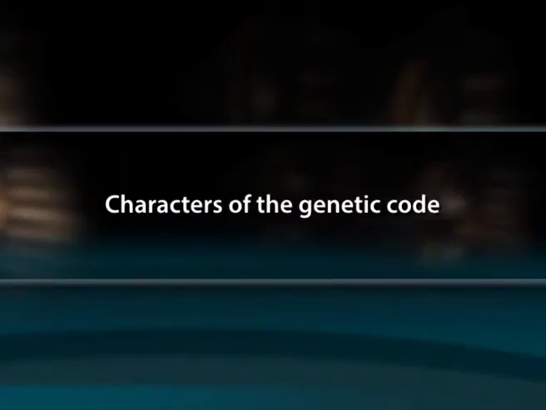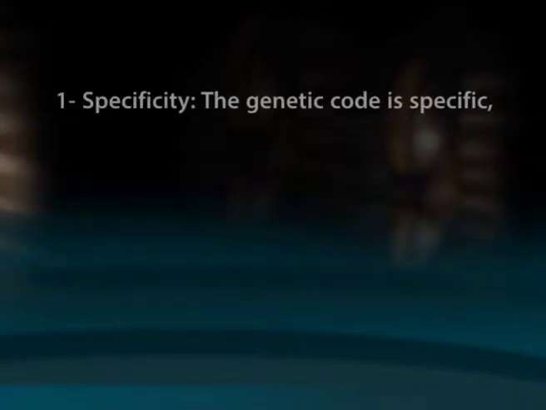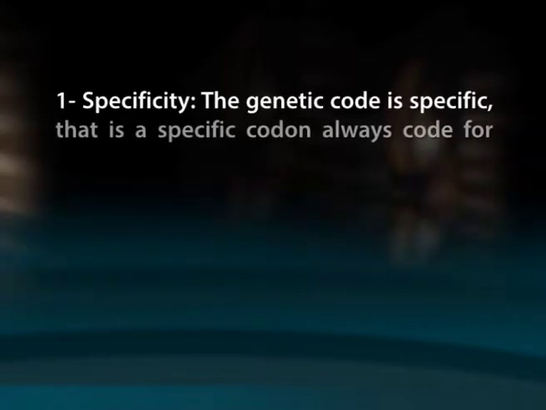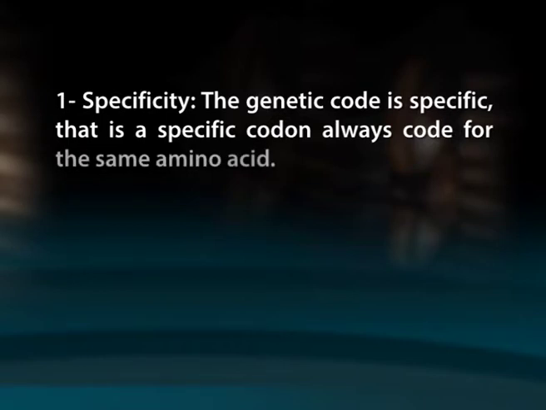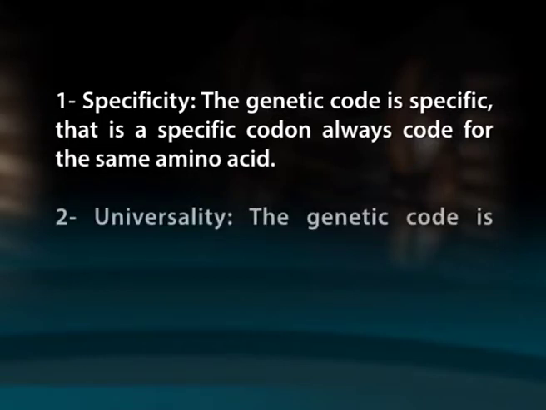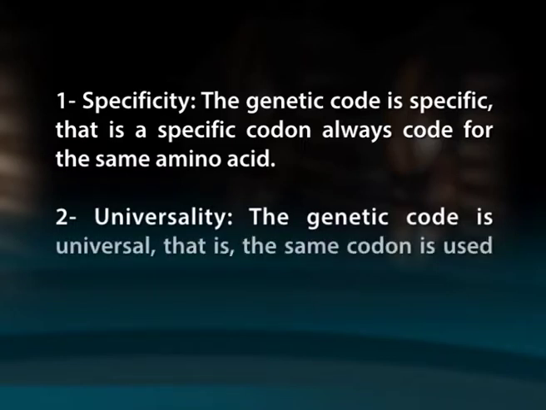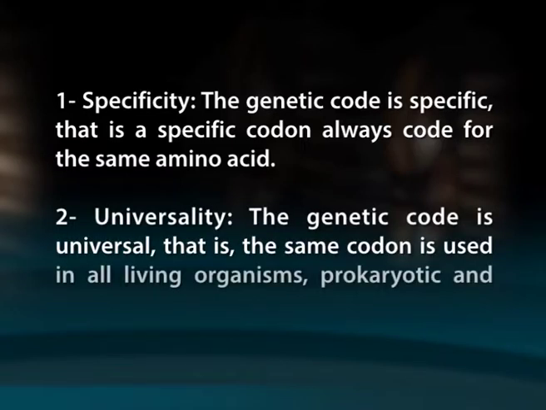Characters of the genetic code. First one, specificity. The genetic code is specific, that is, a specific codon always codes for the same amino acid. Second one is universality. The genetic code is universal, that is, the same codon is used in all living organisms, prokaryotic and eukaryotic.